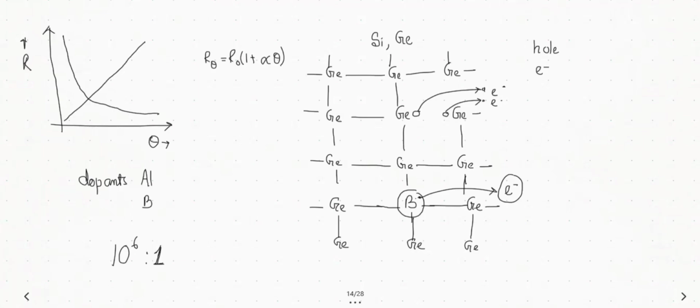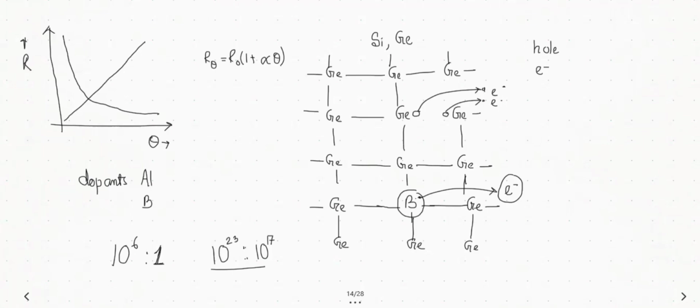If you have taken 1 mole of germanium, that is 10 to the power 23 germanium atoms, then the boron that needs to be fused here is 10 to the power 17. It is not a small number. If you do the unitary method, then obviously you will get this.